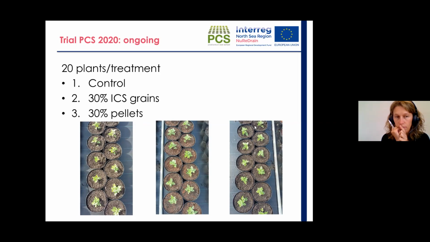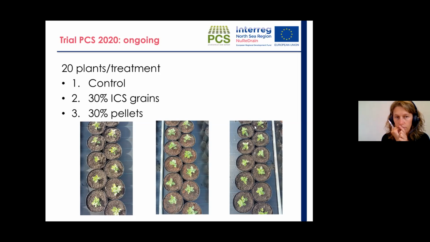And from that sludge they can make pellets. Of course, that's an extra step to make the pellets. But we have already, I think, for many years, also a filter filled with pellets at PCS, and it works certainly as well as the grains.